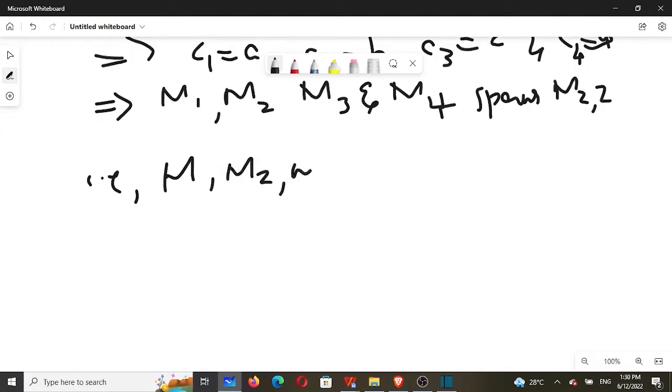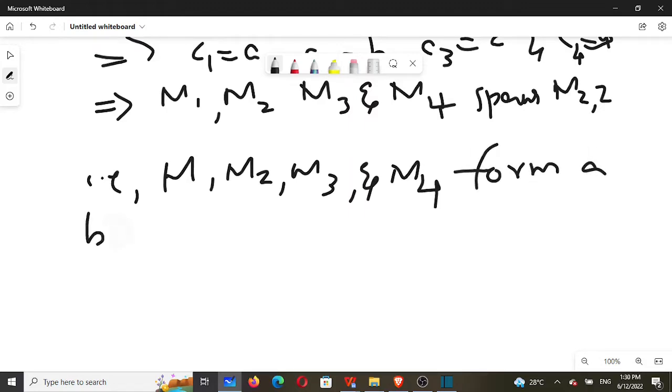We already showed that it is linearly independent, so it also spans M22. So M1, M2, M3, M4 form a basis for M22.